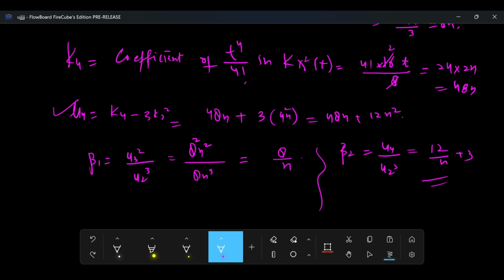So this is the whole cumulant generating function. And remember, n should never be equal to 0, and 8n should always be greater than 0. Then this exists. And if this happens, then the chi-square distribution is positively skewed.